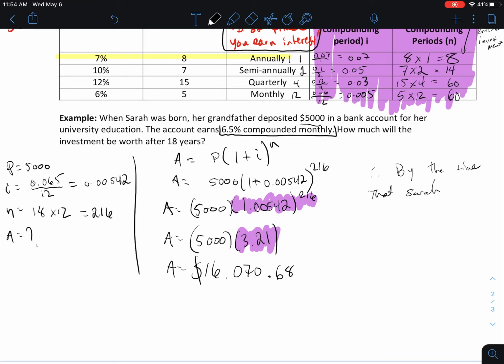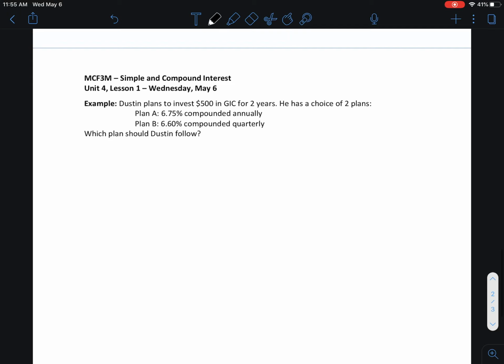So therefore, by the time that Sarah goes to university, the investment will be worth $16,070.68.